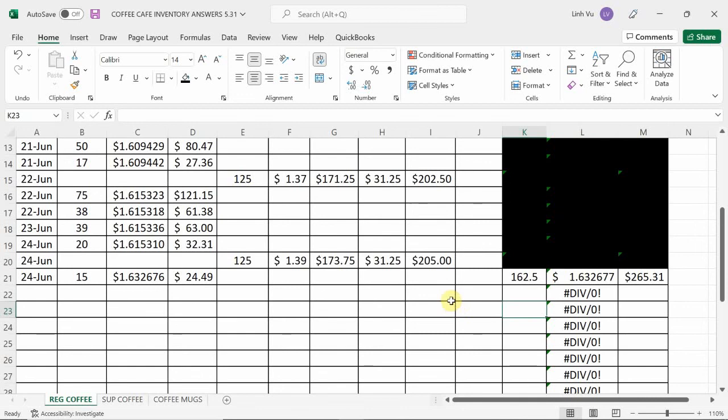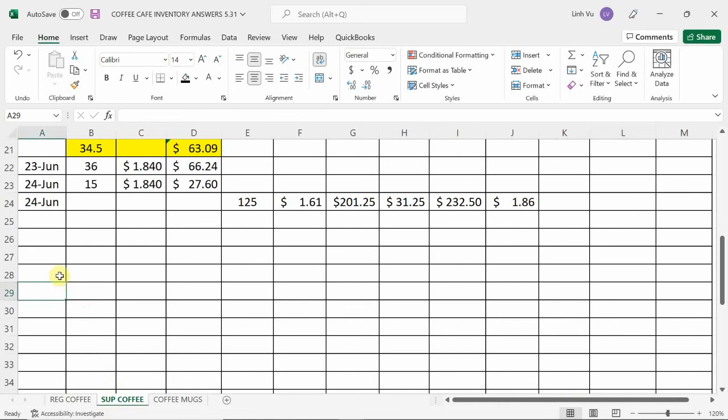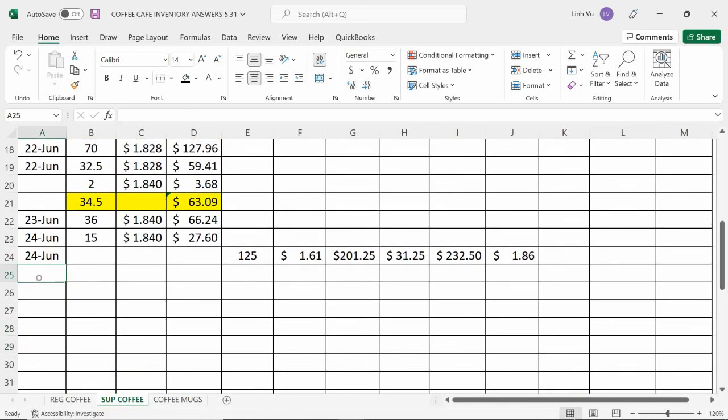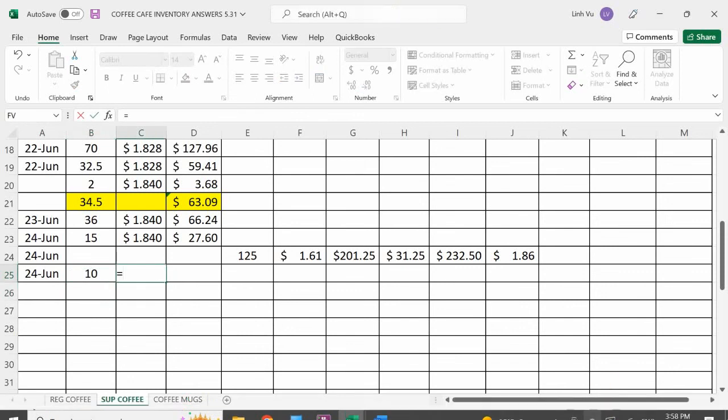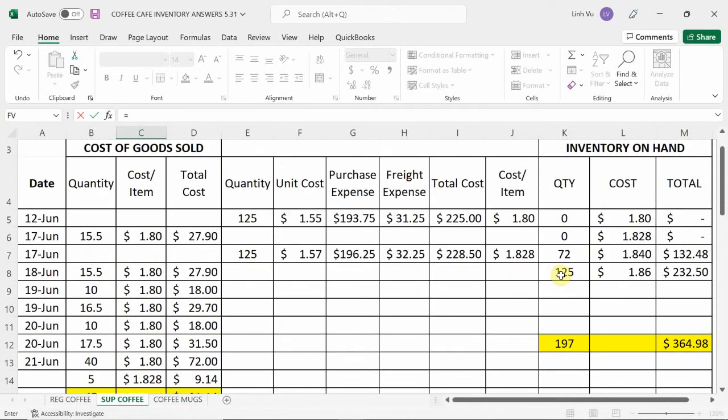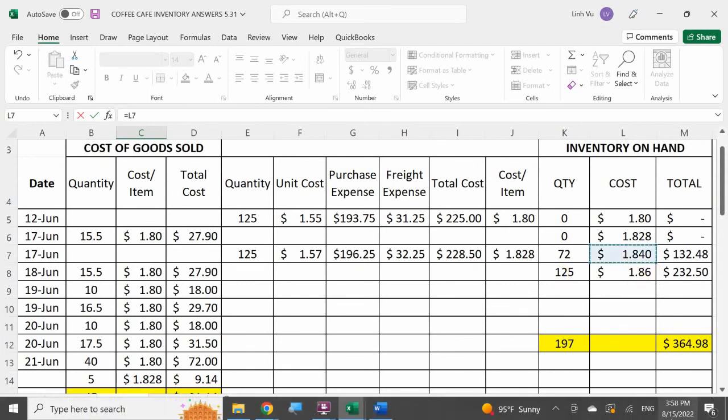All right, so I sold $24.49 worth of regular coffee. Okay, Supreme coffee. I sold 10 pounds. So we are selling from the third batch.